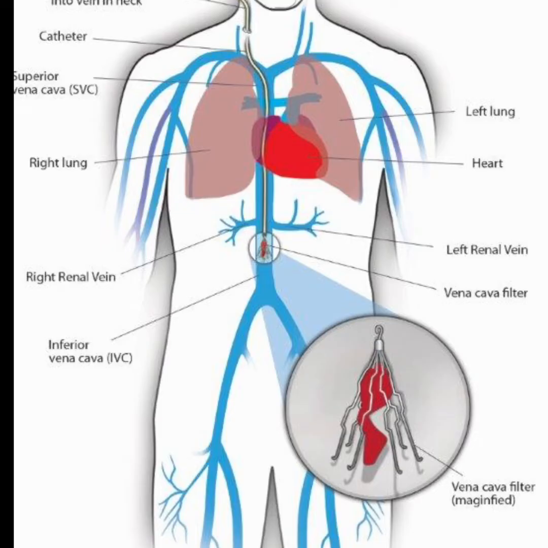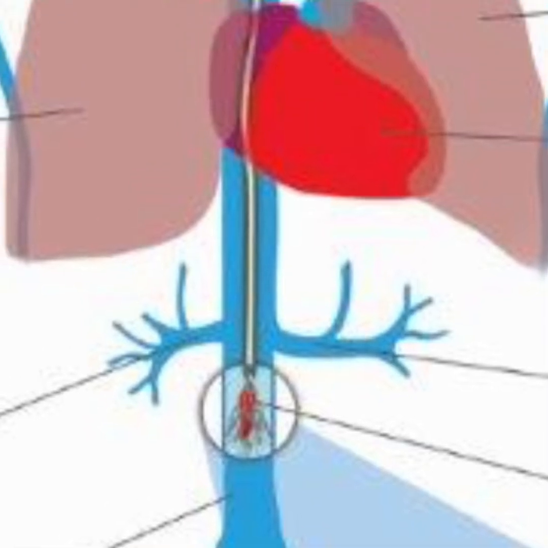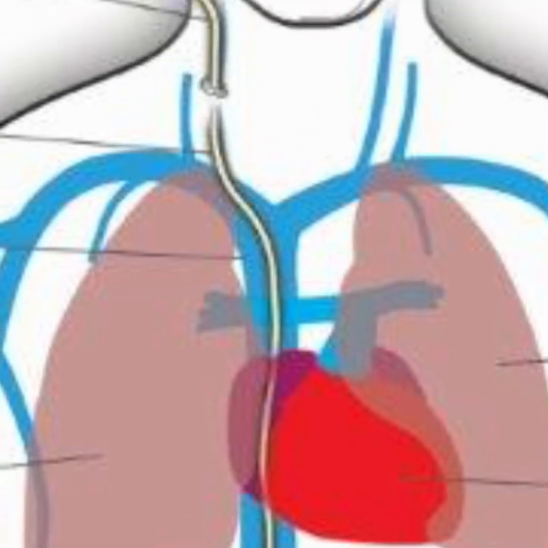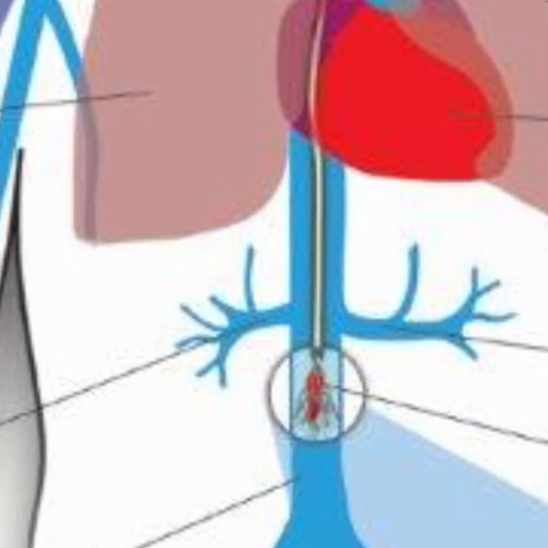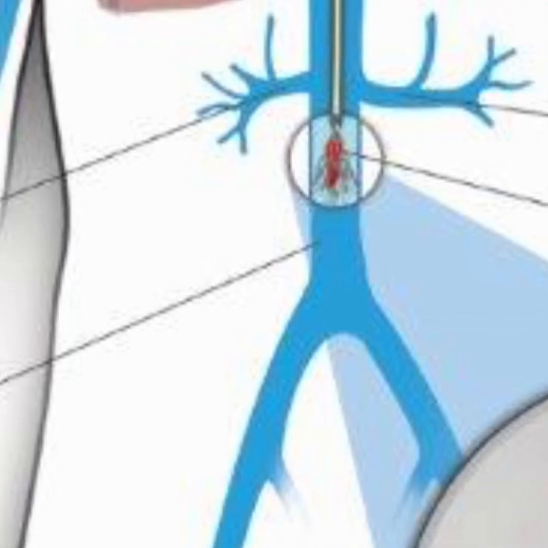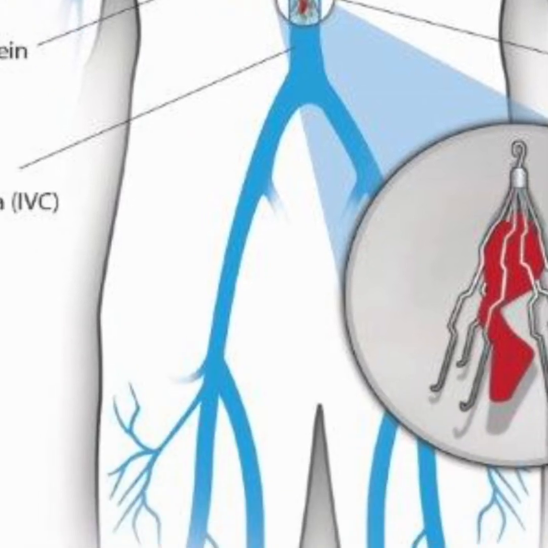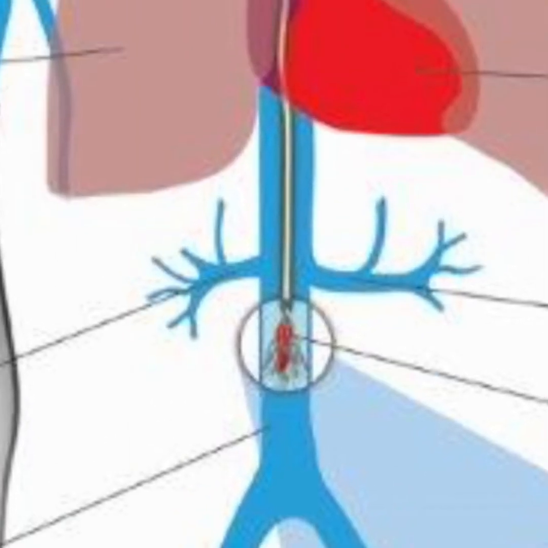Now I will be talking about the inferior vena cava, which is the second part. The inferior vena cava is right here at the bottom, and the superior vena cava, which I talked about, is at the top here. So don't get mixed up. The inferior vena cava is a large vein that carries the deoxygenated blood from the lower and middle body into the right atrium of the heart.